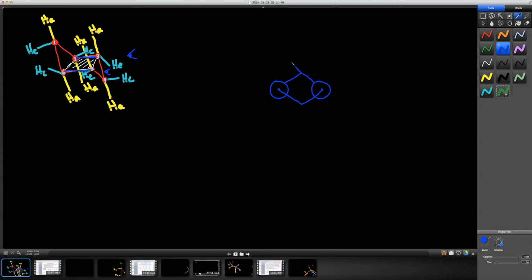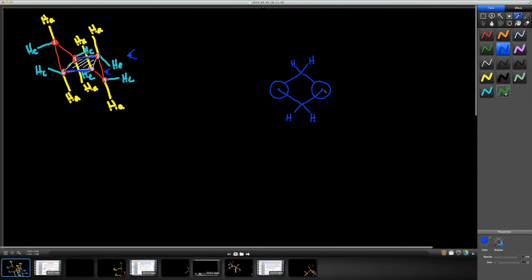Of course, both of these are methylene carbons. And everything else is going to be a hydrogen.